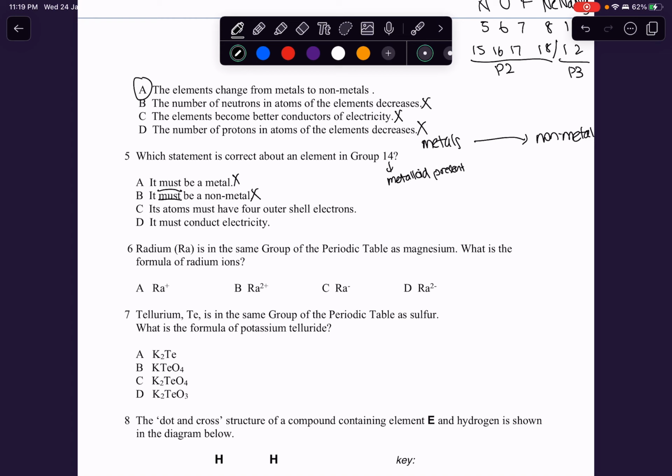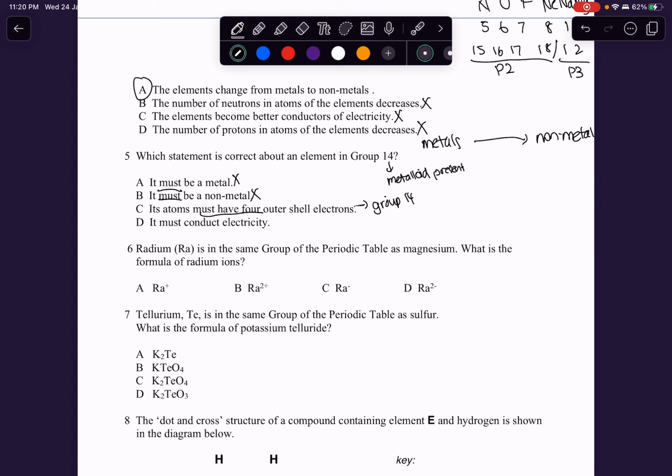C: atoms must have 4 shells. So what does this mean? Must have 4 shells means must be in period 4. Sorry, not period 4. It must have 4 valence electrons, right? It must have 4 outer shell electrons, which means must be group 14.